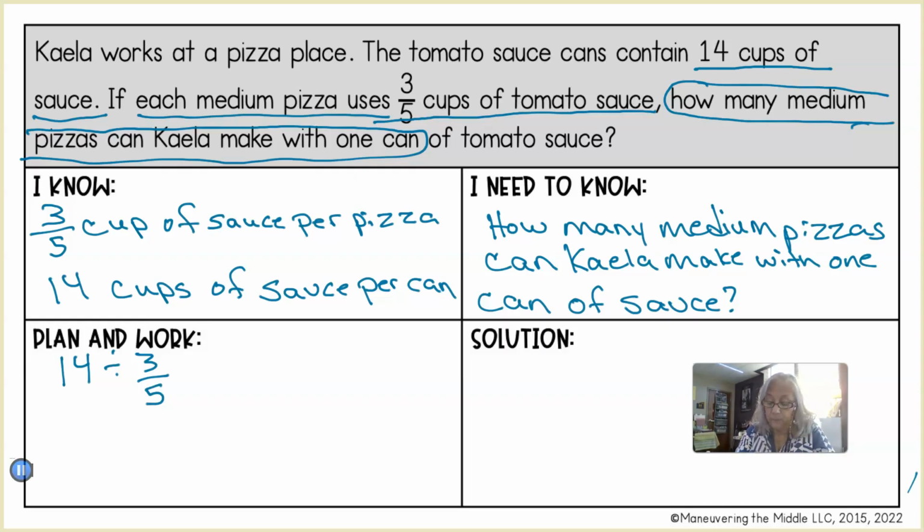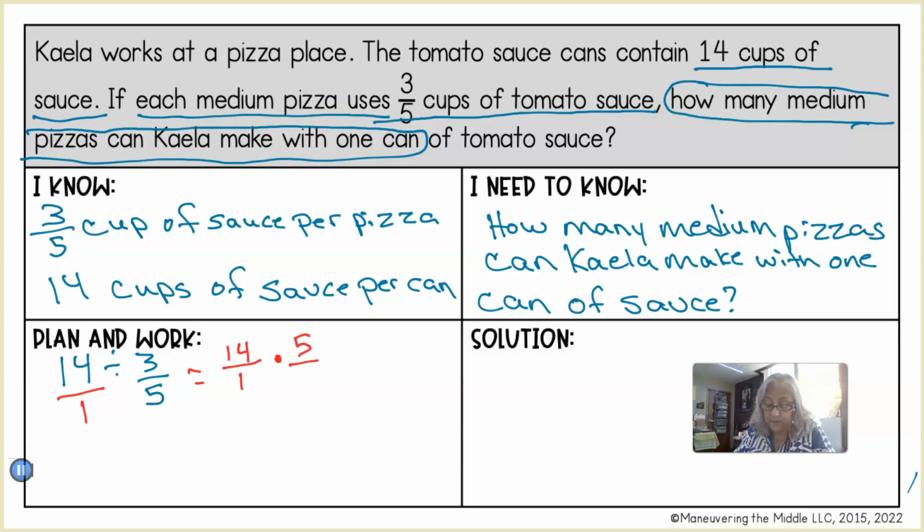So let's put our whole number over a 1 and turn it into a fraction. And so using our algorithm, we would say 14 over 1. We're changing our division sign to a multiplication. And we're finding the reciprocal of 3/5. What is the reciprocal of 3/5?